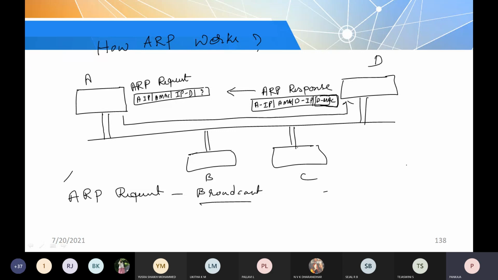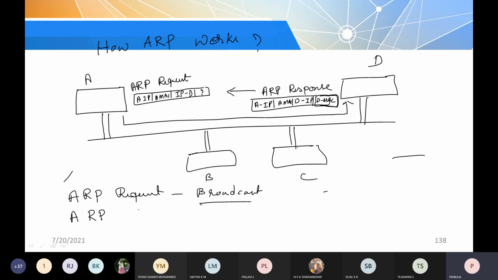If a student with the name Sumit is there, that particular student is going to stand up and start responding to my question. So that is going to be unicast. The ARP response is going to be unicast, because only that particular student responds.